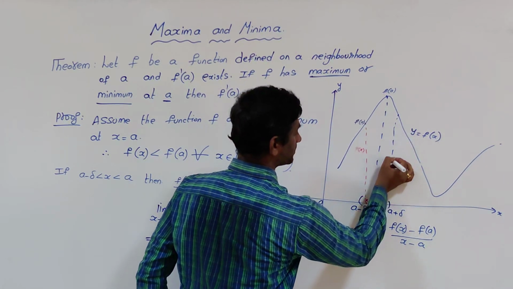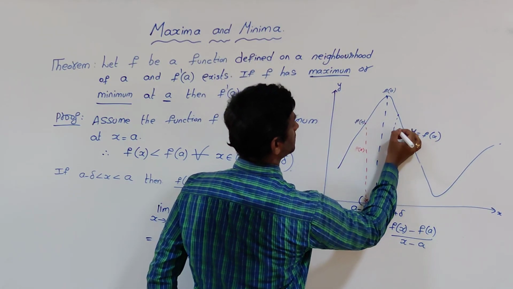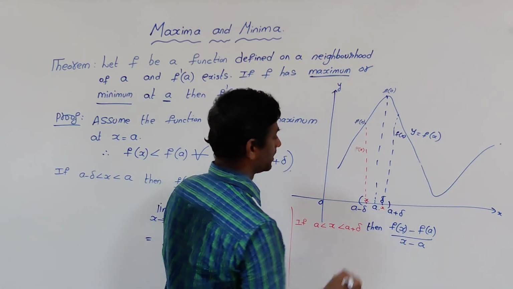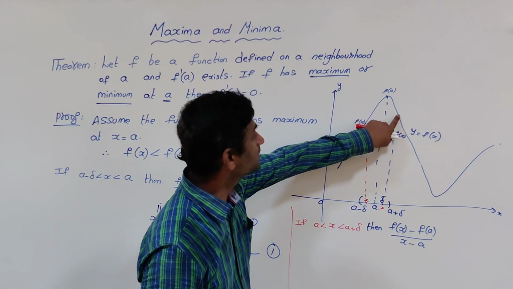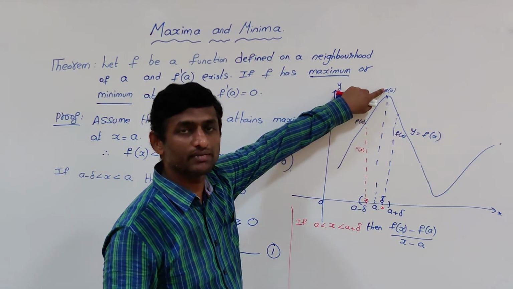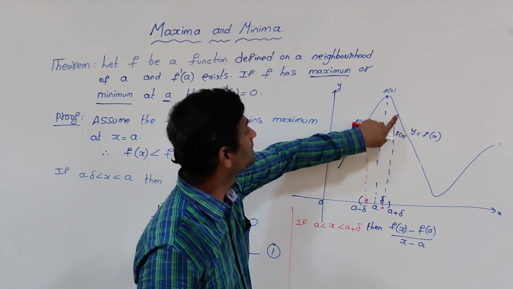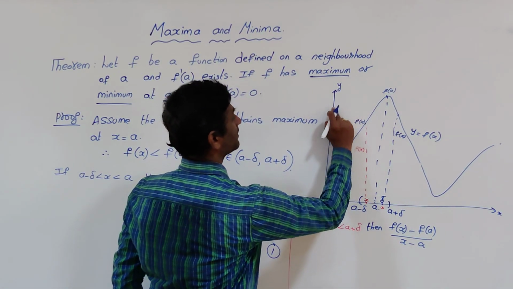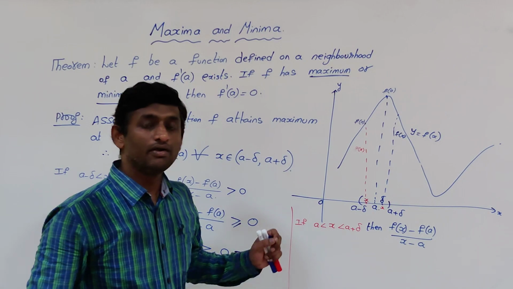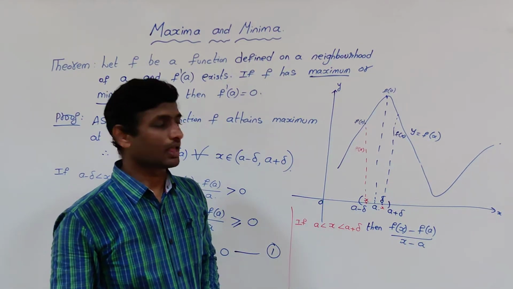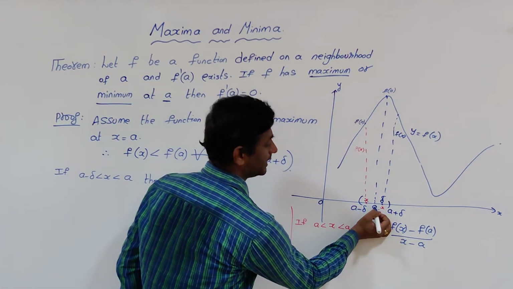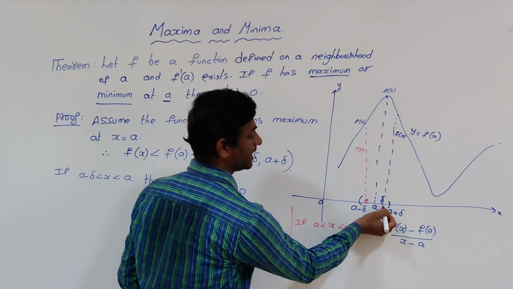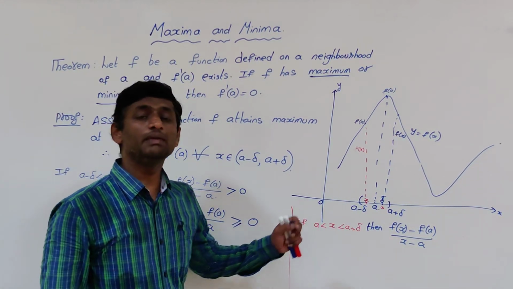Now f of x is smaller than f of a, so the difference f of x minus f of a will be negative, and as a is less than x, x minus a will be positive.